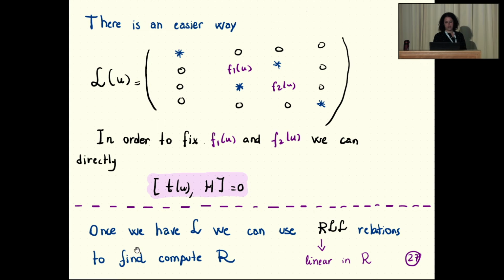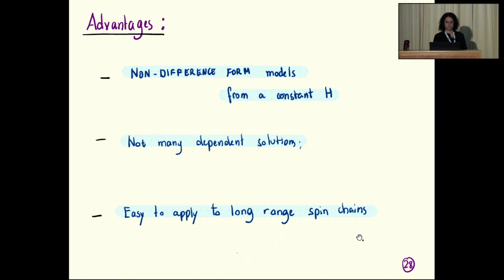And once you can find the Lax, you can just find the R matrix by solving RLL. It's linear, so you can do it quite quickly. So the advantages are that, with these, you get the non-difference form R matrices for free, or like the difference form ones.